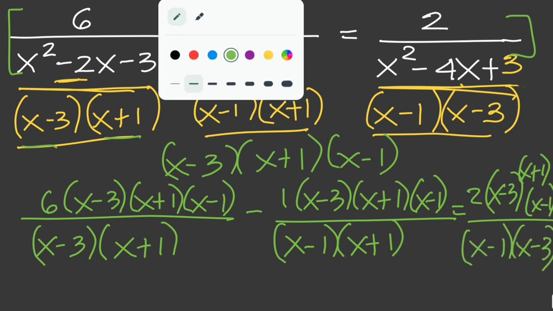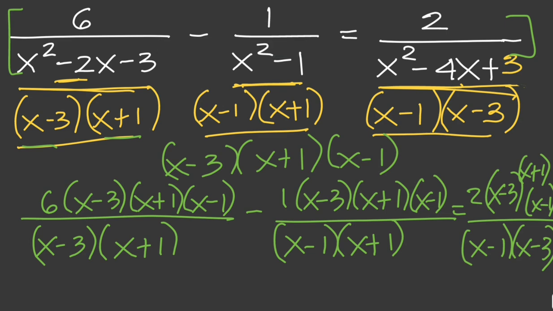And now we can simplify this by canceling out the common factors. Common here are x minus 3 and x plus 1, and here x minus 1, x plus 1, x minus 1, x minus 3.